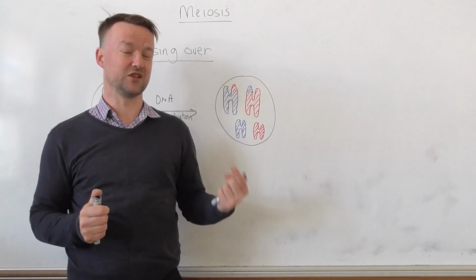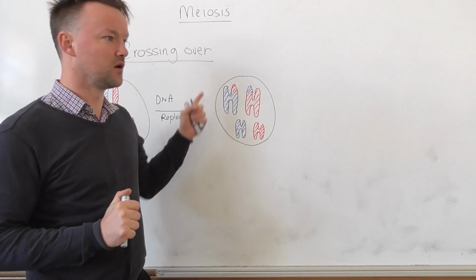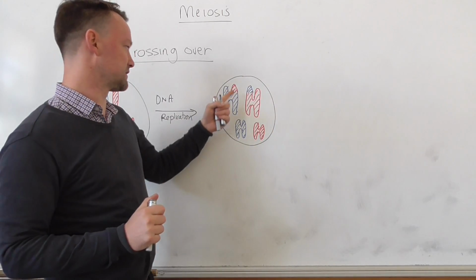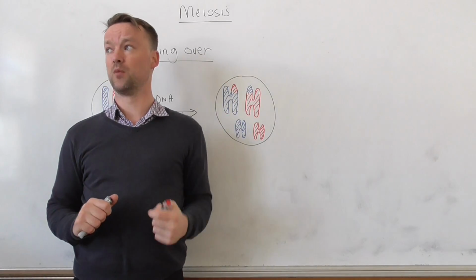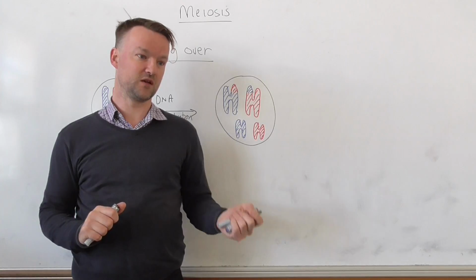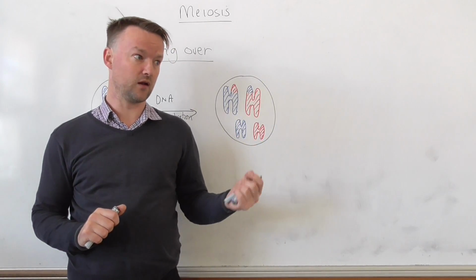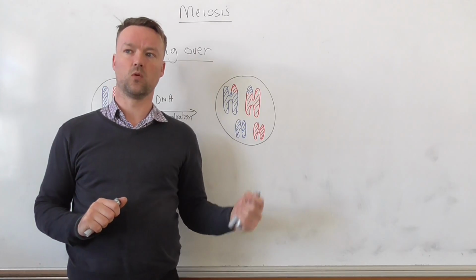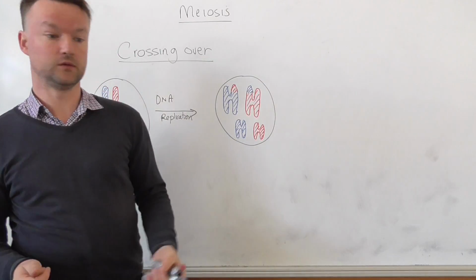So this creates genetic variation, and this is one of the reasons why you look different to your brother or sister, because this is creating genetic variation, which is important for the survival of a species, because if the environment changes, then there will be some that are more suitable and therefore more likely to survive in that new environment. And that's crossing over.